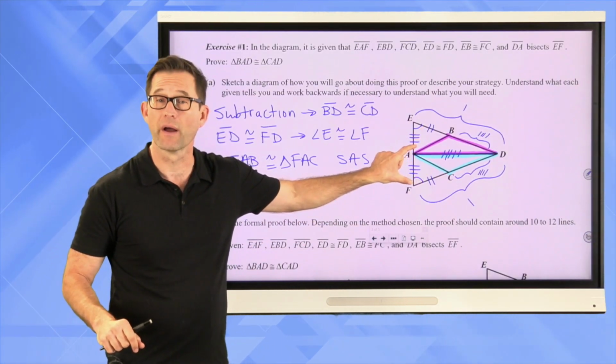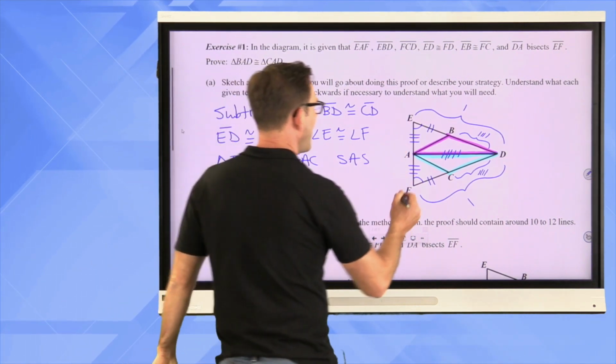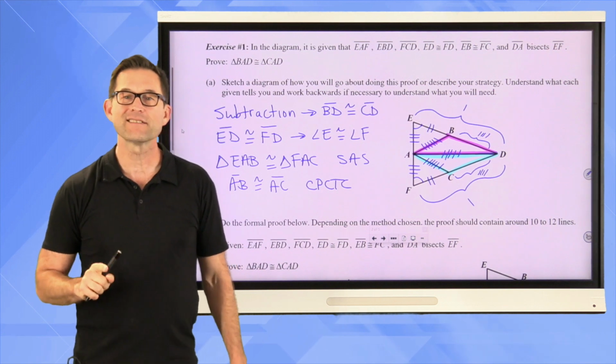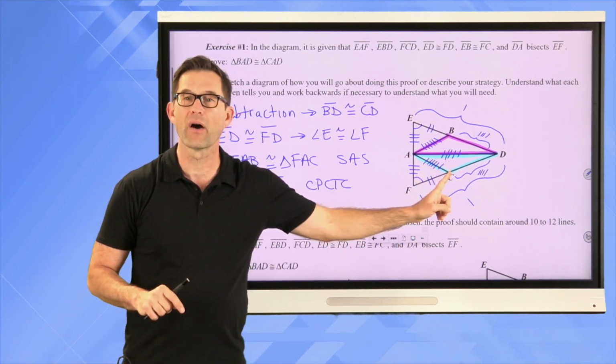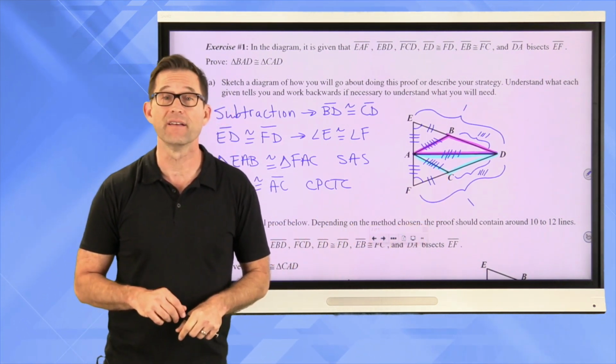Now, once I know those two triangles are congruent, I could then prove that AB is going to be congruent to AC by CPCTC, right? And that's now going to allow me to prove that the two triangles I actually care about are congruent by, of all things, side, side, side.